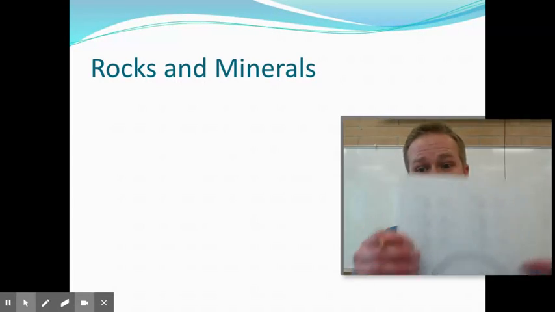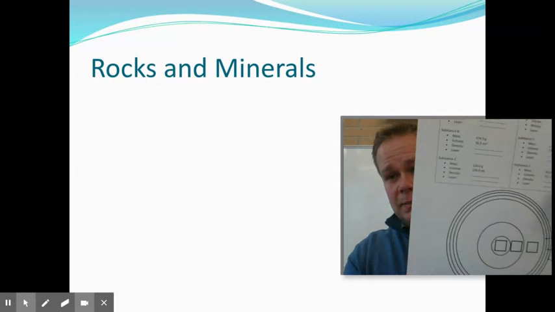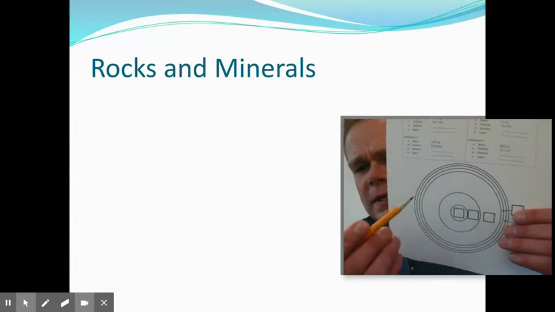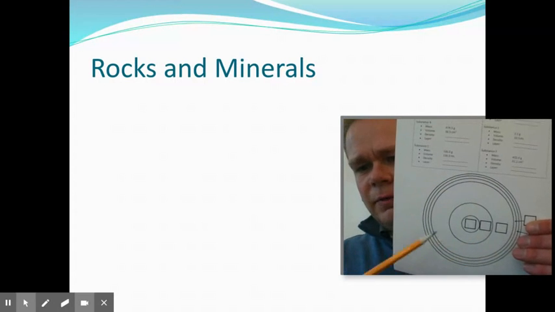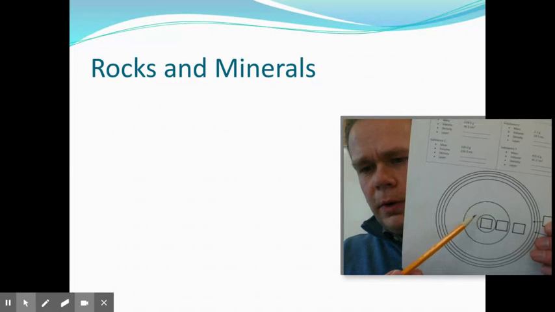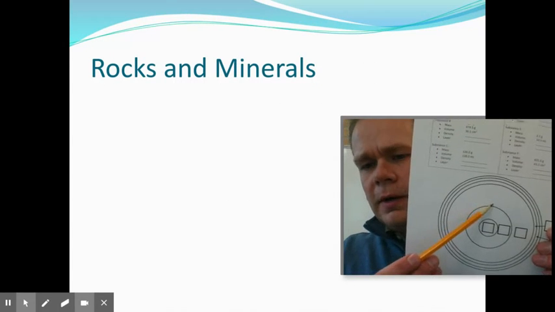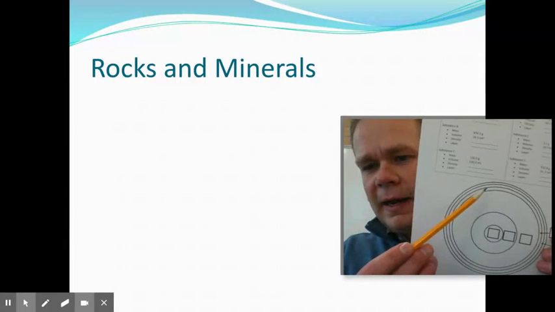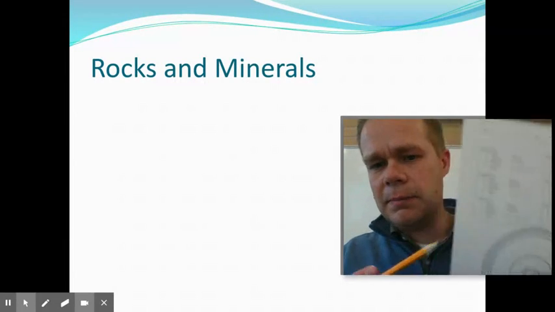First of all, let's look at this assignment here, because I know some people struggled with this at home. So this down here is just a diagram of the Earth with the layers from the inner core to the outer core, the mantle, the crust, and then above that I have the oceans and the atmosphere.